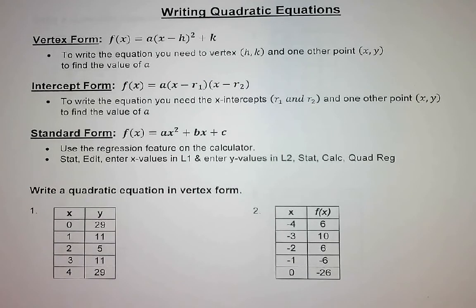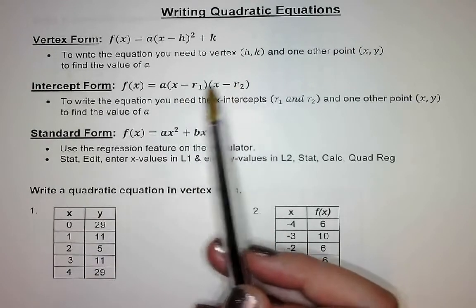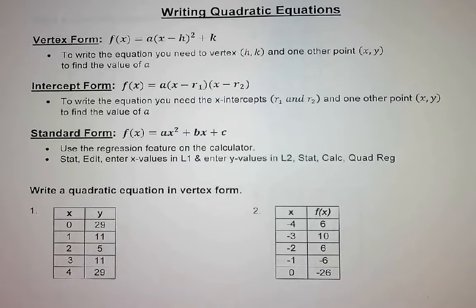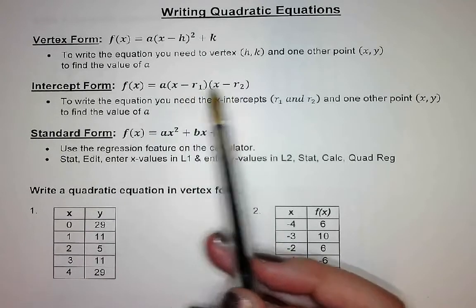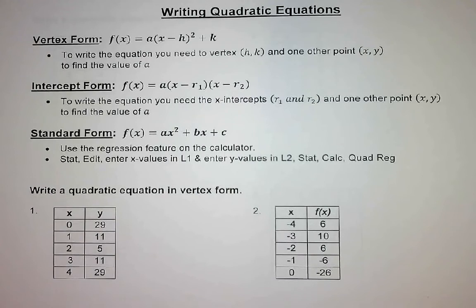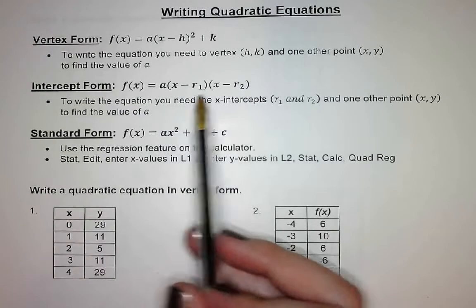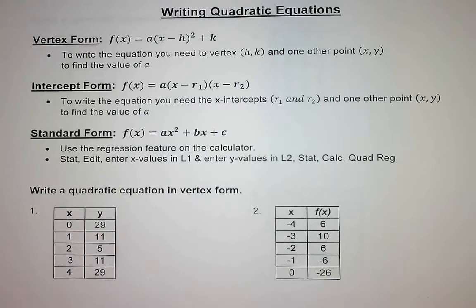Instead of it being a negative, it's going to be a positive, and vice versa. If it was a positive, it would be a negative. The same is true in your intercept form, y'all, because it's inside that parentheses. It behaves the opposite of what you think it will, right? So if my two intercepts were a positive 2 and a positive 4, then in here it would be x minus 2 and x minus 4.